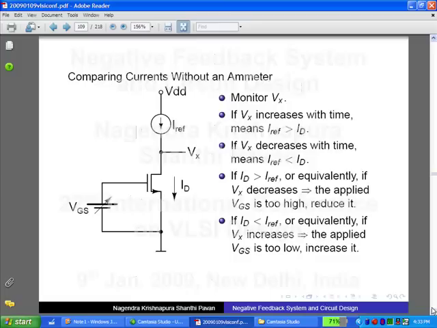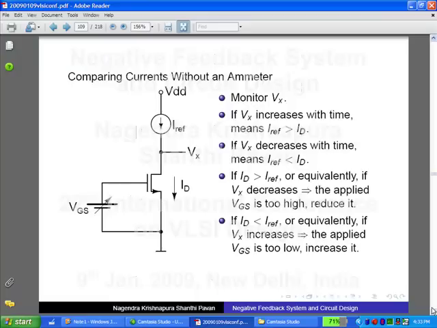If Vx is going up, it means that Iref is too high. You want to make ID equal to Iref, correct?